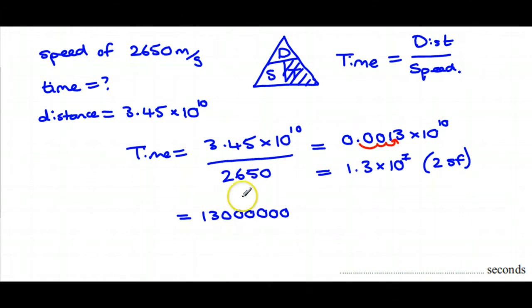And if you are getting an answer on your calculator and want to convert it to standard form, imagine the decimal places there. It's got to move 1, 2, 3, 4, 5, 6, 7 places in order to make it between the 1 and 3. So that's why it would be 1.3 times 10 to the 7.